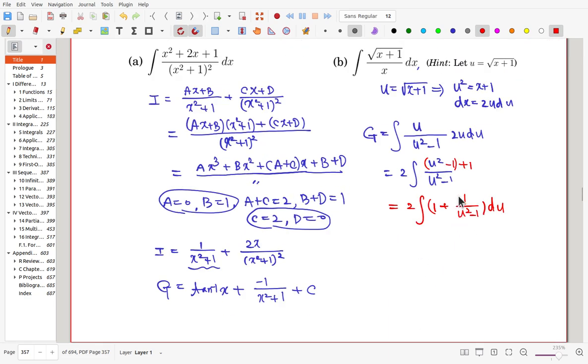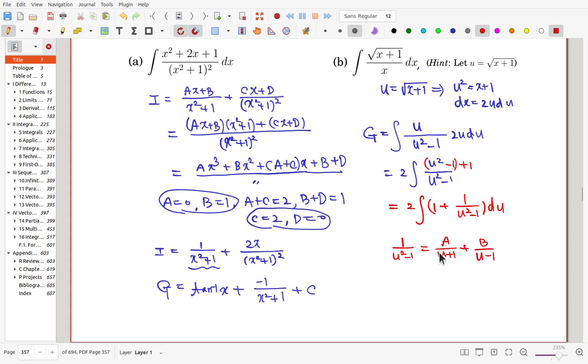Now for that one, we have to get partial fractions. 1/(u² − 1) can be written as a/(u + 1) + b/(u − 1).